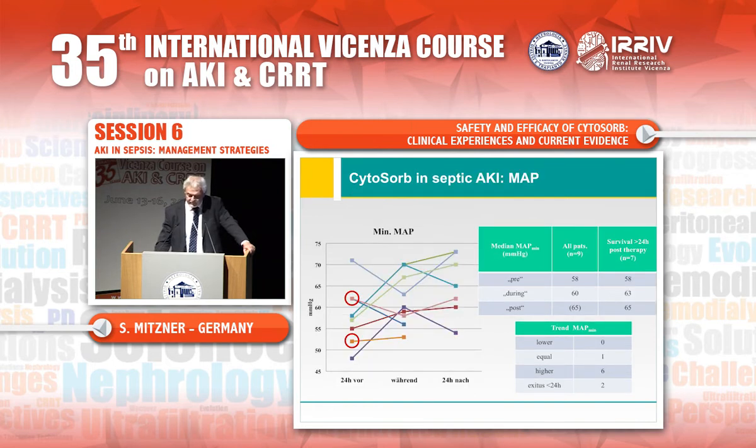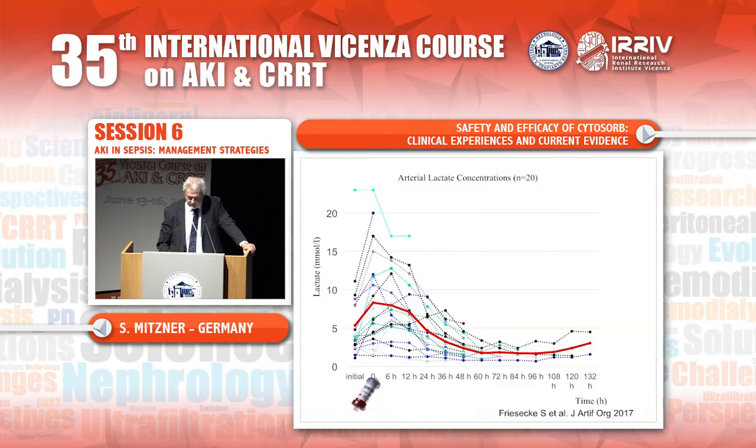Mean arterial pressure was doing fine during that treatment, basically going up in all those 24-hour survivors. So that was good. We could bring a substantial number of our patients basically out of septic shock or improve it.